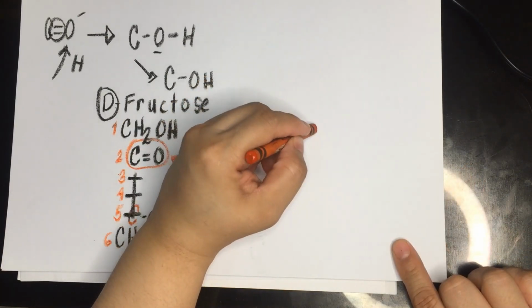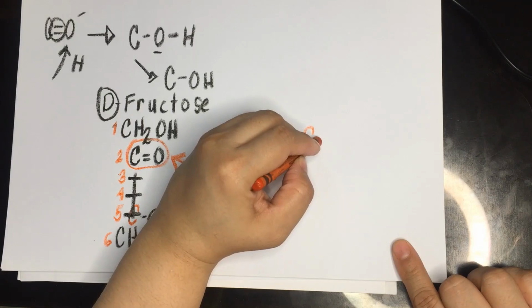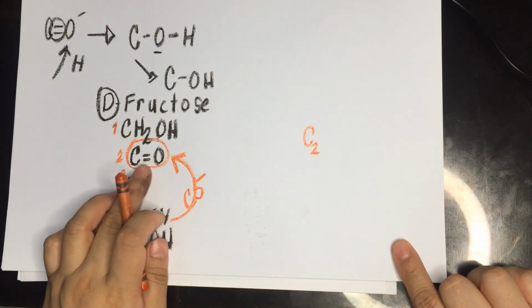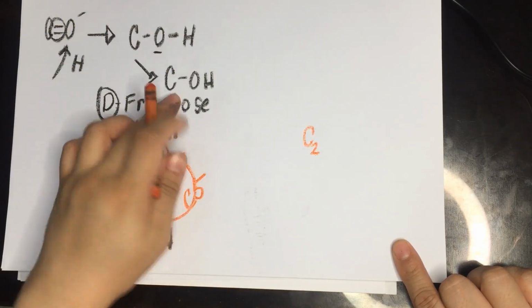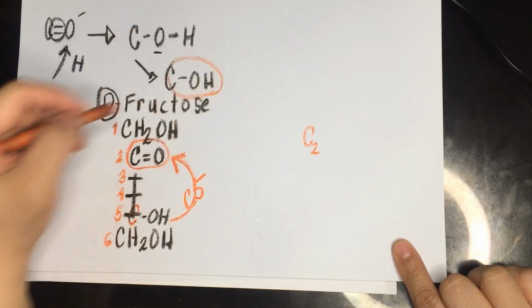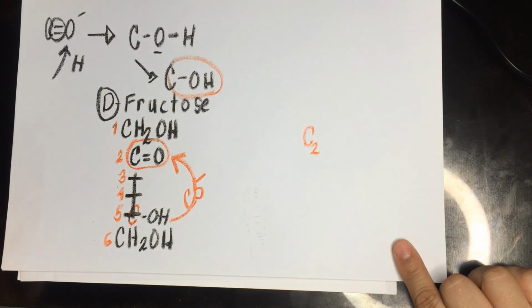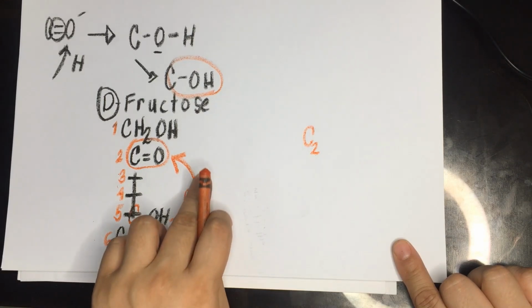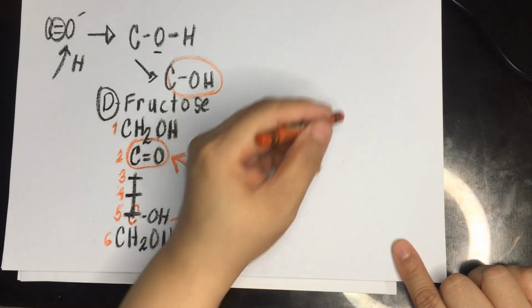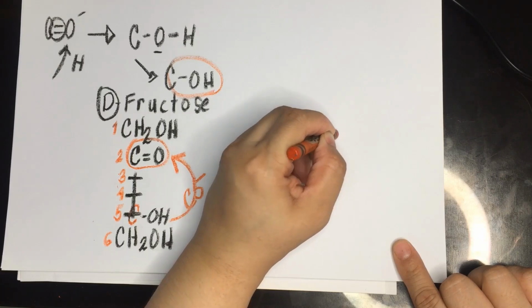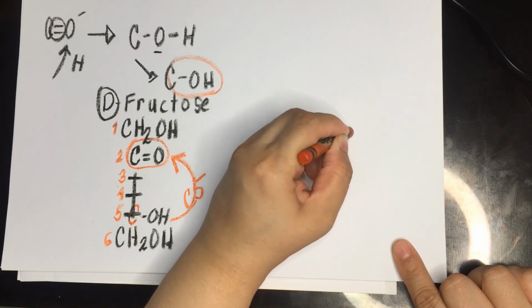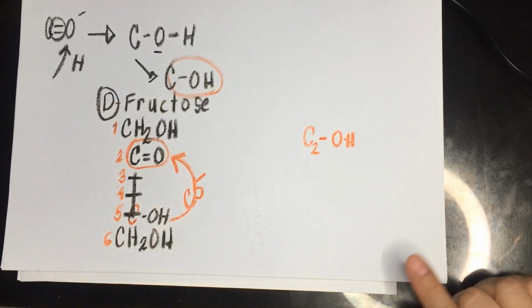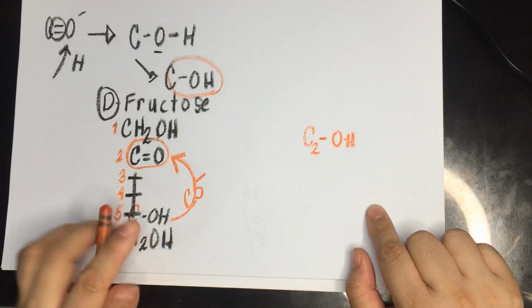How is the ring being formed? We have here C2, our carbon number 2, the one that is a ketone. Upon the addition of our hydrogen, carbon number 5 bonded with our ketone, so the oxygen bonded with the hydrogen that is present in our carbon number 5.